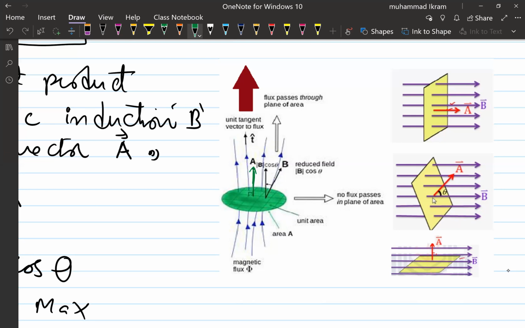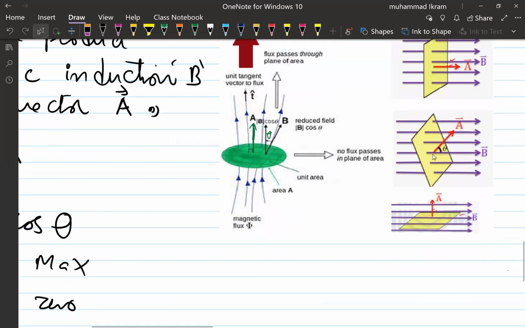The magnetic field lines as they pass through this area. The direction is the unit tangent vector to the flux. Flux passes through the plane of the area. Here you see the angle I told you about, between B and A. If this angle is increasing, then the flux becomes 0.